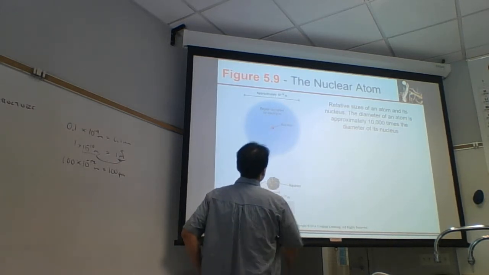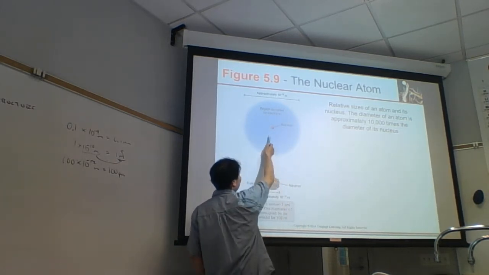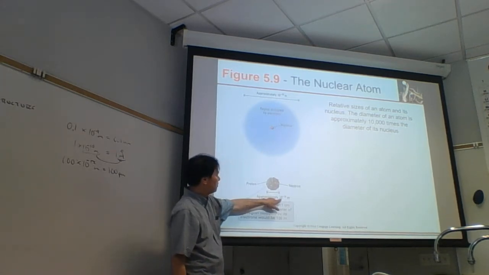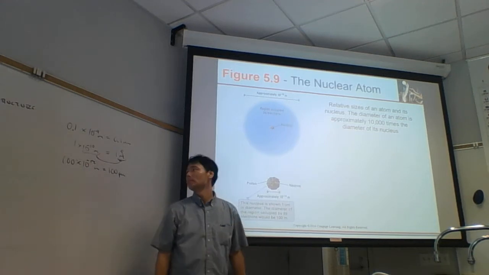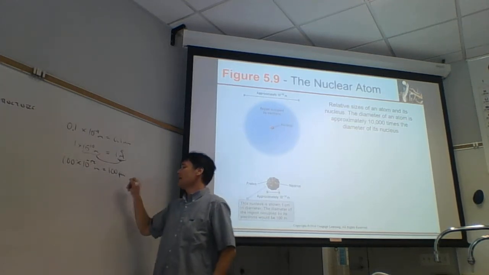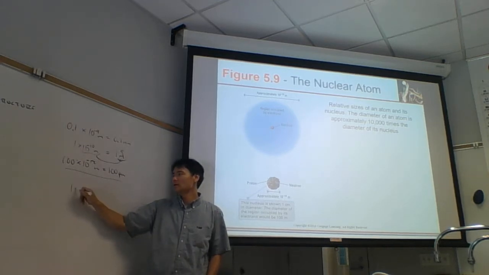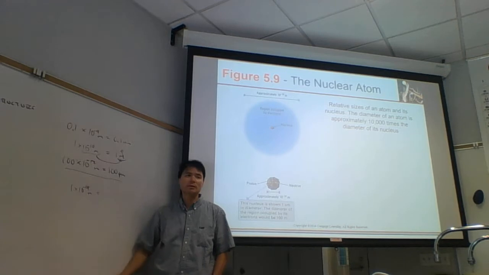Well, that's an atom, but how big is a nucleus? The nucleus is tiny. A nucleus is 10 to the minus 14 meters. So if an atom is about 100 picometers, then the nucleus is 1 times 10 to the minus 14 meters, which is how many picometers?